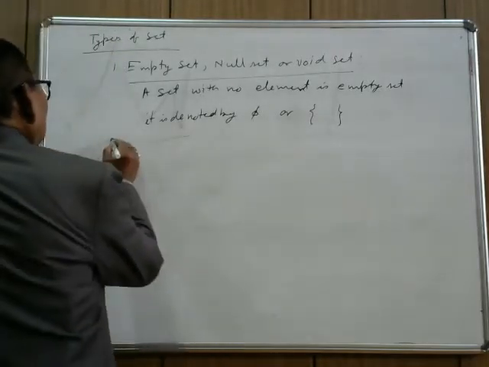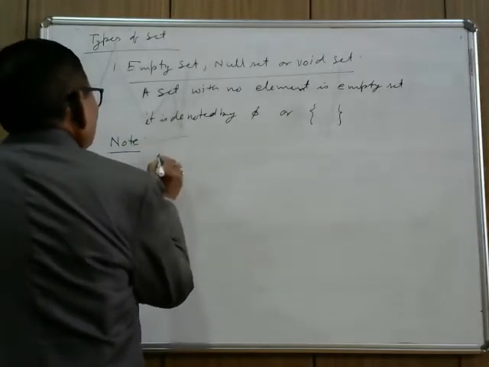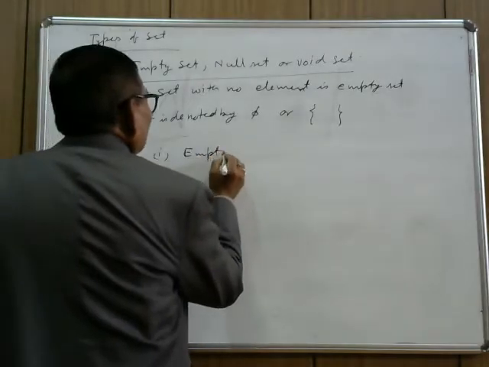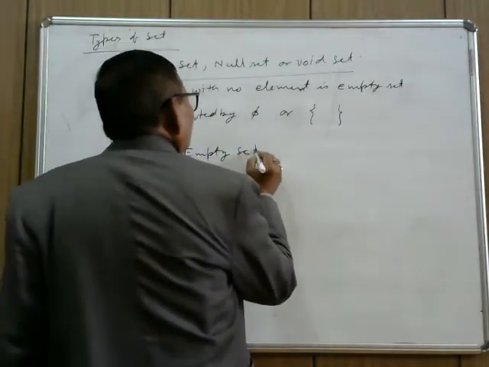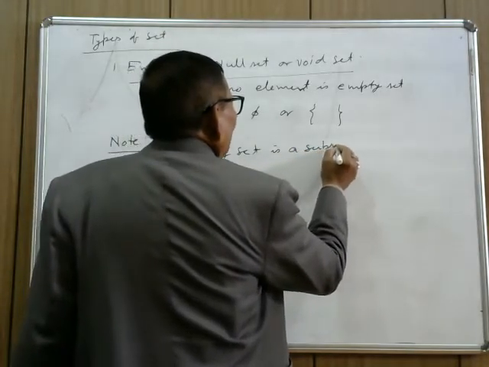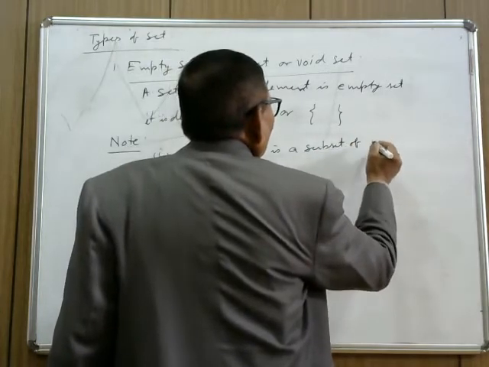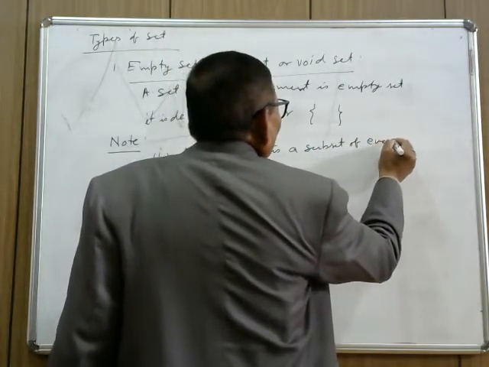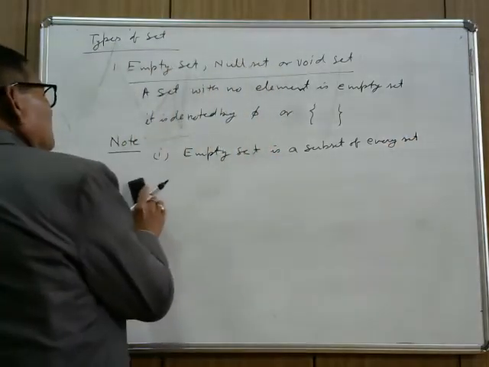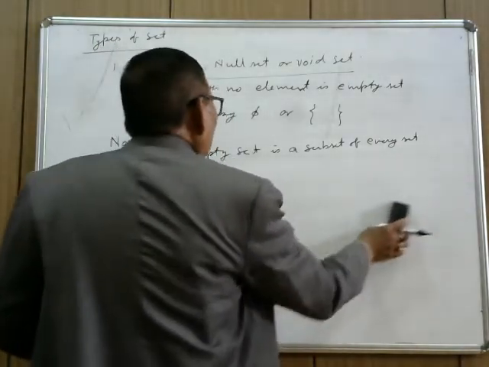Now I am giving you some notes. First, the empty set is a subset of every set. You know that. This is a very important point. The empty set is a subset of every set.